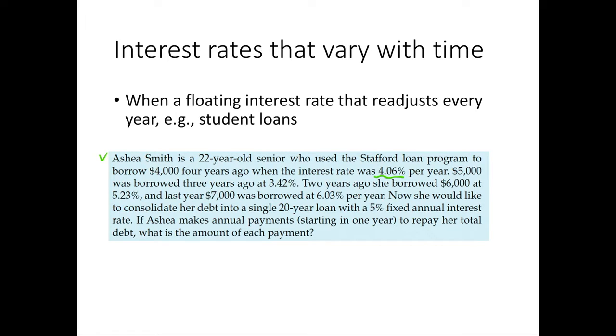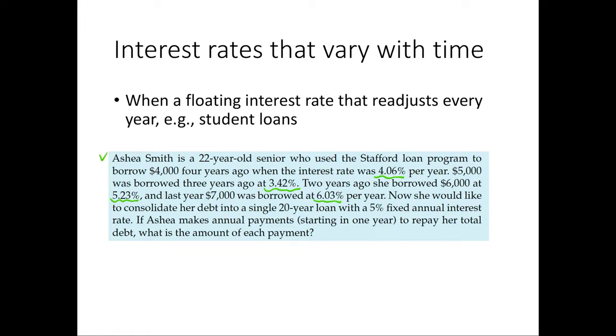She borrowed another $5,000 3 years ago at another interest rate. Also 2 years ago she borrowed $6,000 at a different interest rate, and last year she borrowed $7,000 at another different interest rate. So in the past 4 years, every year she borrowed some money with different amounts and also with different yearly interest rates.